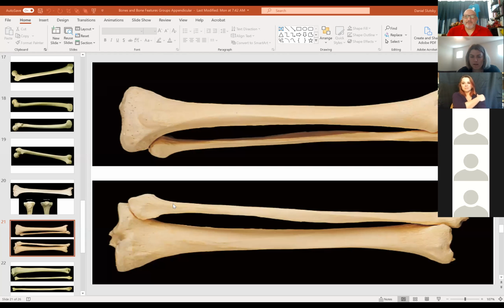So the tibia, even though the fibula is right there next to it, it's just as easy whether it's by itself or together with something. For any bone, what you want to do is orient the bone the way it would be in your body. The best way to do that is by getting two points of orientation, two points of reference.